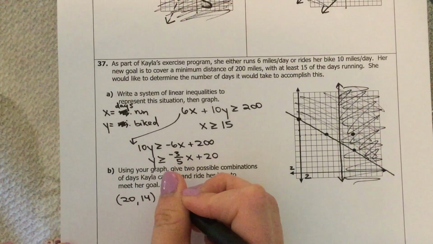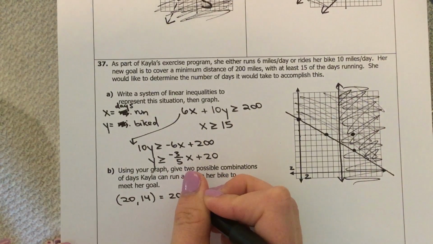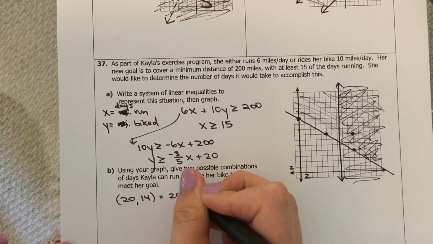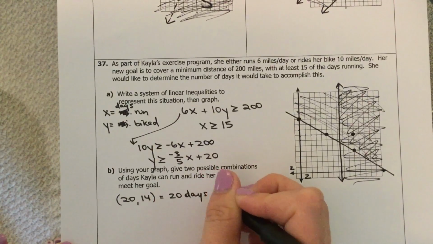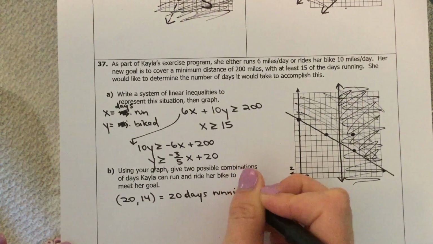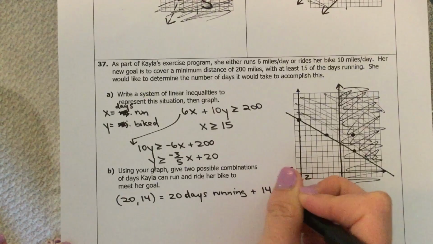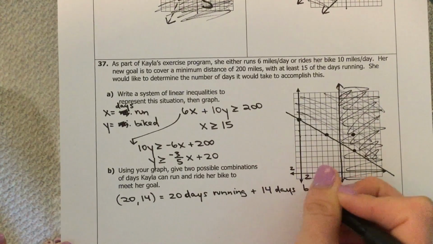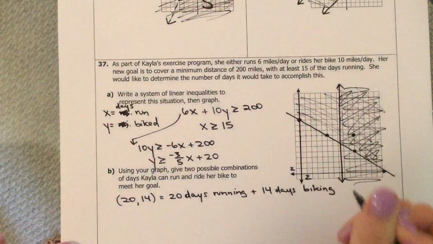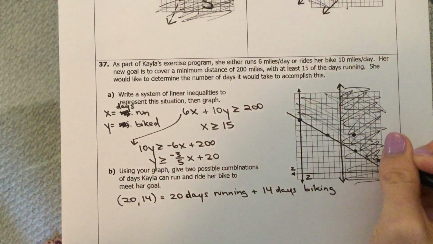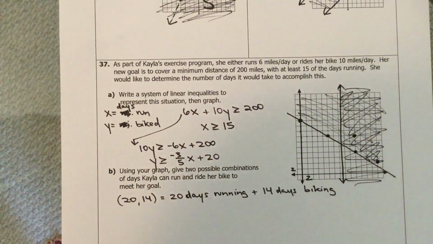That is the same as 20 days running plus 14 days biking. And then literally any other ordered pair. So let's see, maybe this one.